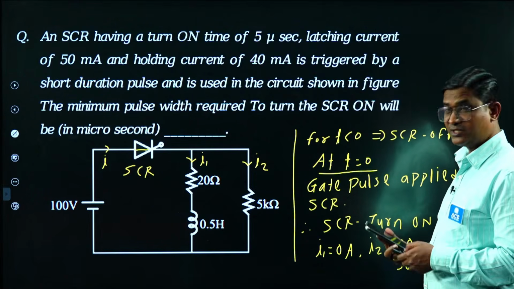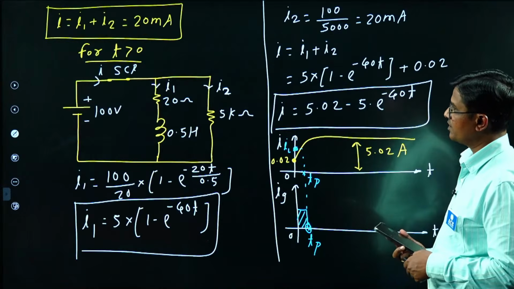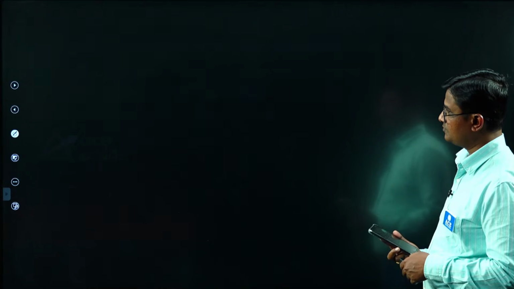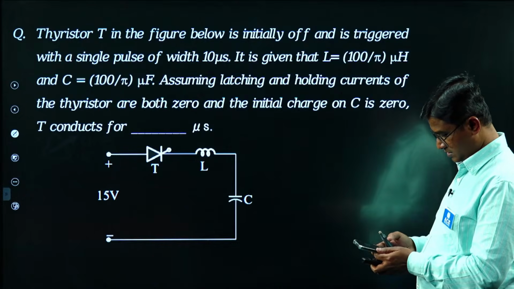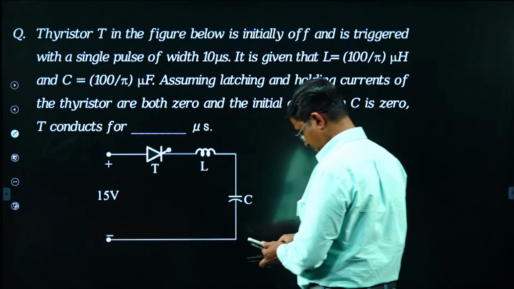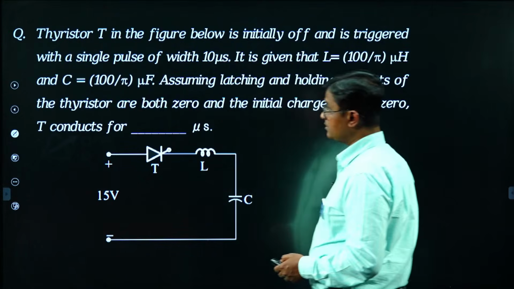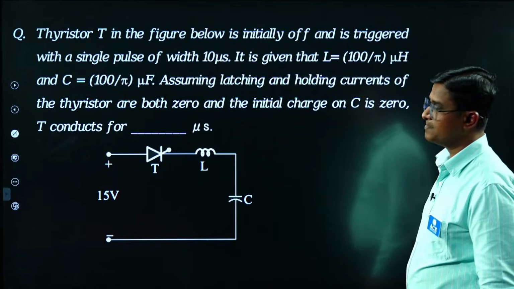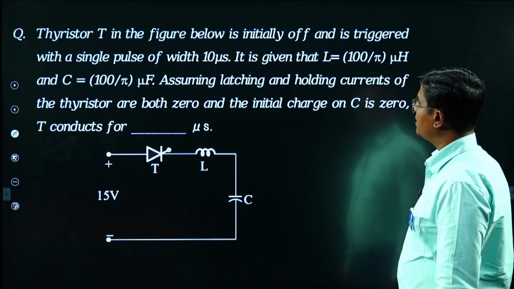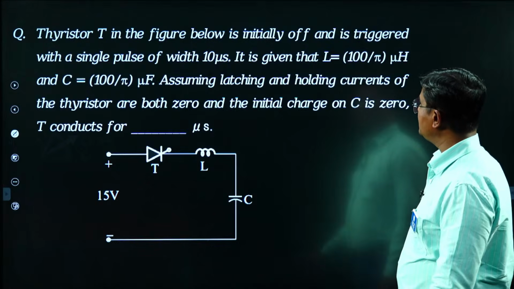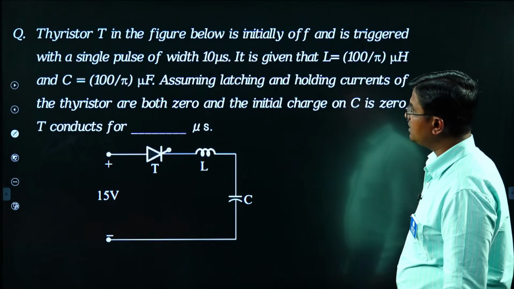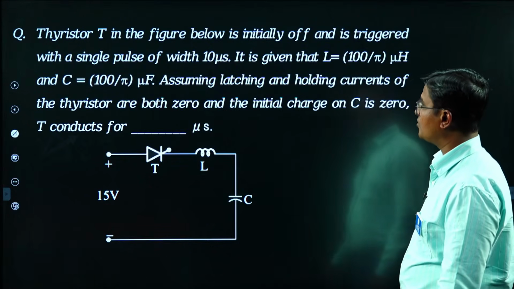Yeah, let's move towards the next question. Yes, let us discuss this question. A thyristor T in the figure below is initially off and is triggered with a single pulse of width 10 microsecond.